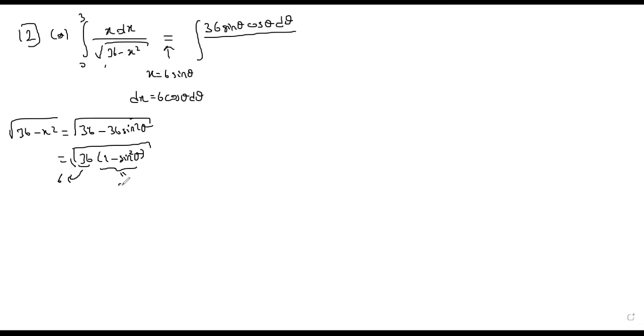This is equal to cosine squared theta in the square root, so it will come outside and equal cosine theta. So here we have 6 cosine theta. Now, if we simplify, what do we get? 6 sine theta d theta, right?